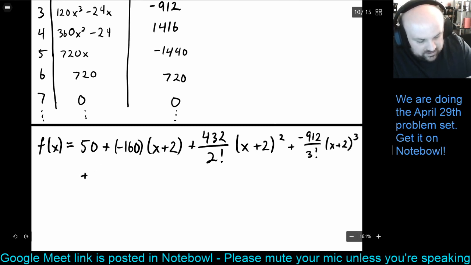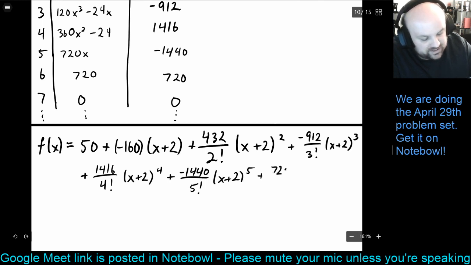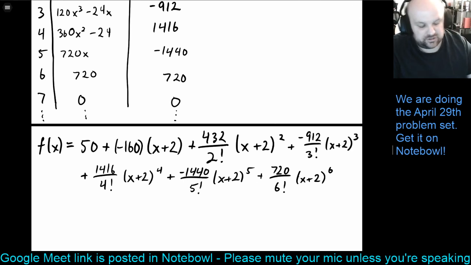Plus 1416 over 4 factorial, x plus 2 to the 4th, plus negative 1440 over 5 factorial, x plus 2 to the 5th, plus 720 over 6 factorial, x plus 2 to the 6th. And these numbers actually do simplify down a bit nicer. Every single one of these is an integer. In fact, this one here is 1.